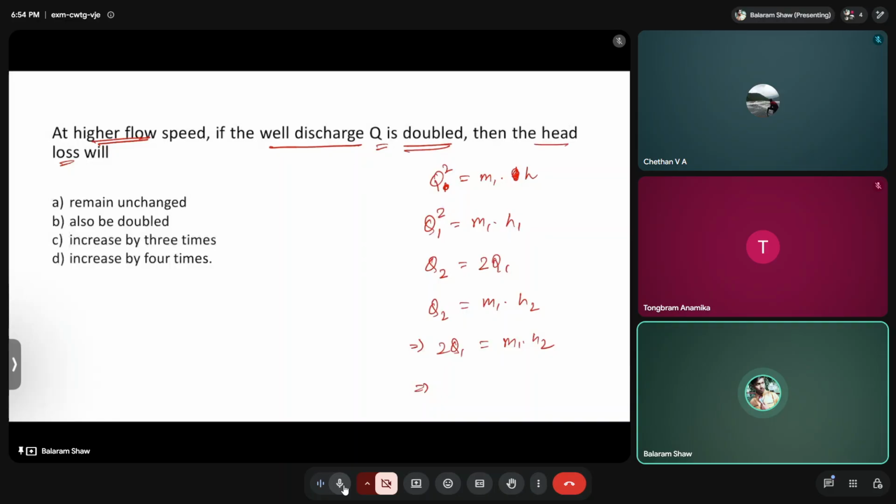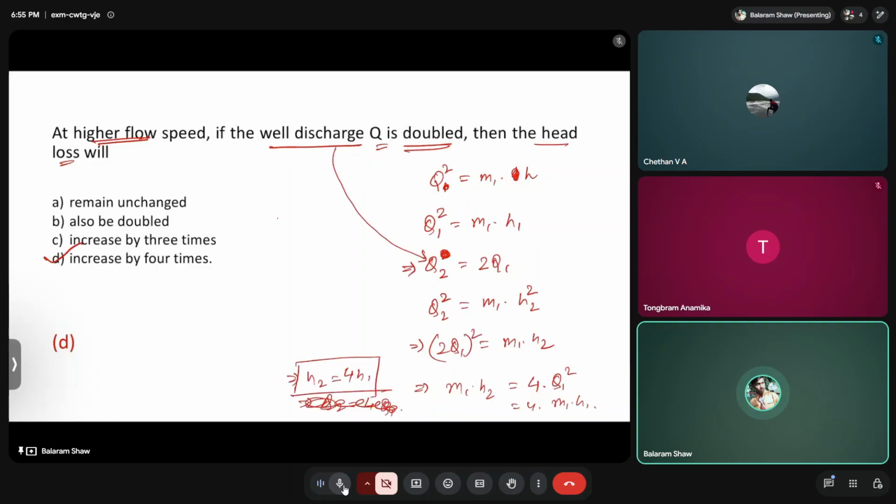Just now we have seen that if there is higher flow, then the discharge will be doubled, and when discharge is doubled, then the head loss will again become 4 times. What we have studied about laminar flow and turbulent flow, maybe I'll explain in a later slide.